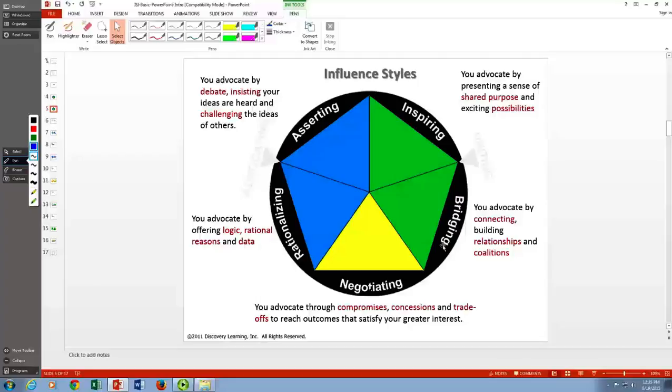The rationalizing style is a style that's very common in almost every organization today. The rationalizing style draws on your ability to advocate by using logic, reason, and data. This is kind of bread and butter in the World Bank. However, oftentimes we overuse this approach and we'll keep providing our rationale for influencing another person and they'll come up with their own counter argument.